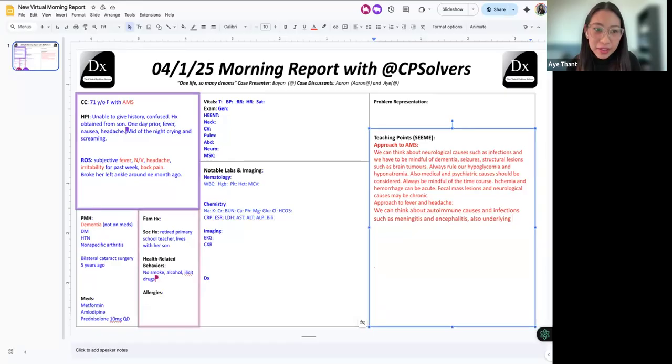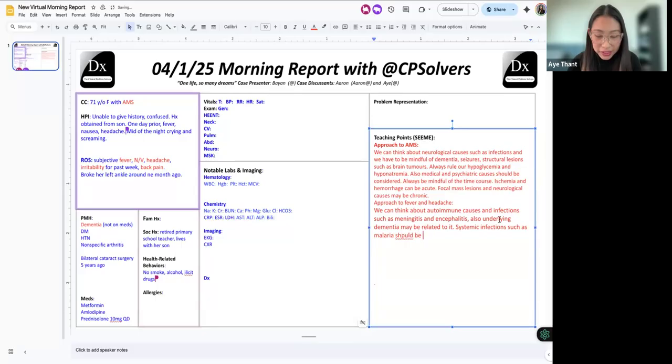And yeah, so other systemic causes, we have to rule out other systemic infections, like malaria, also cerebral malaria, and it can also be due to vasculitis and other CNS-related disorders.